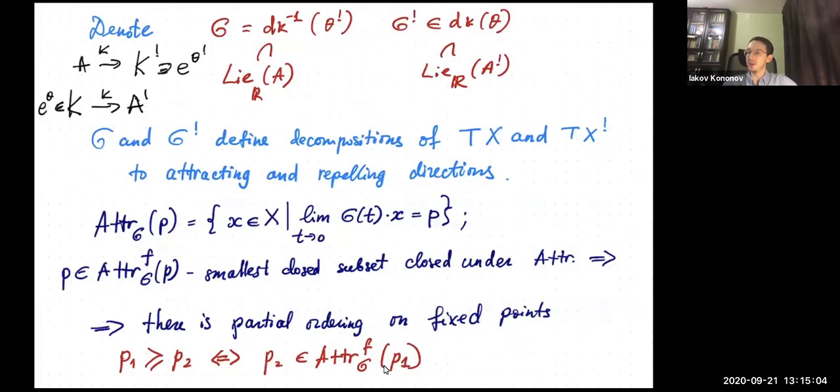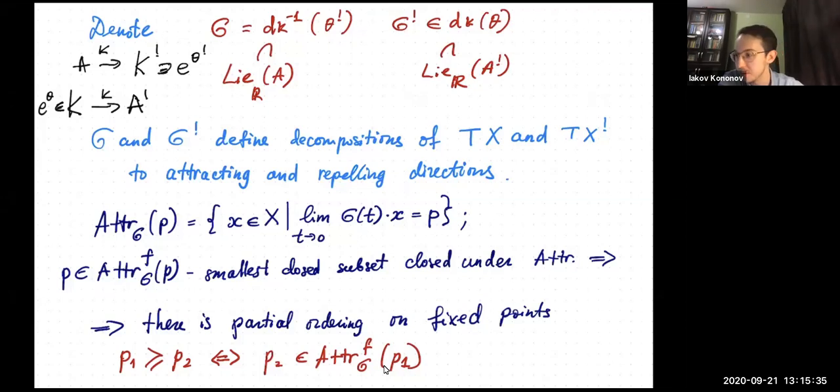We have fixed theta and theta factorial, which came from the symplectic resolution of singularities, and theta belongs to the Lie algebra of the corresponding Kähler torus. We have the map kappa from A, the equivariant torus, to K factorial, for example, and we can consider the differential of this map.